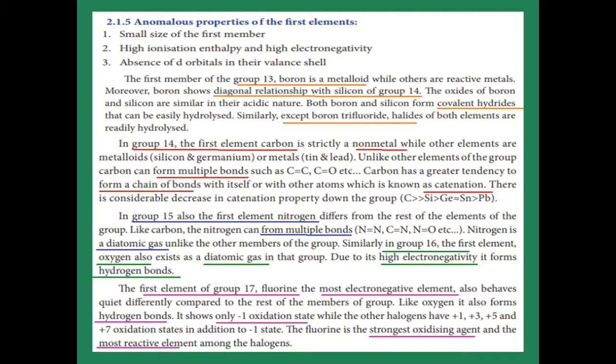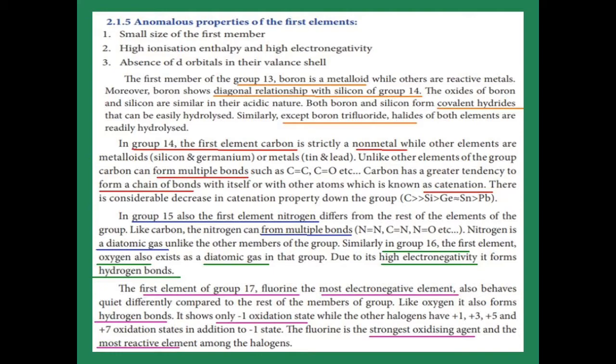Third, there is an absence of d orbitals in their valence shell. Let's see in each group how the anomalous properties of the first elements are obtained.